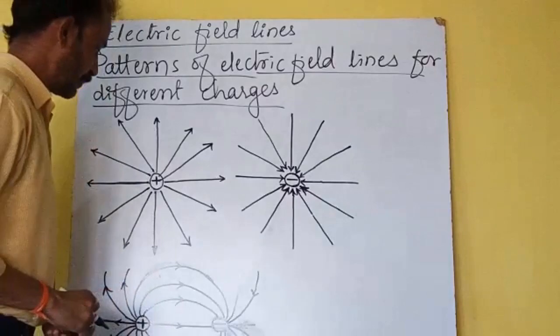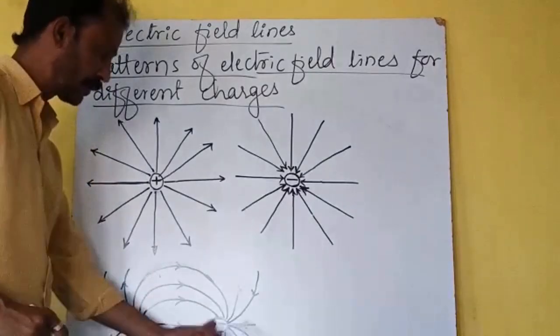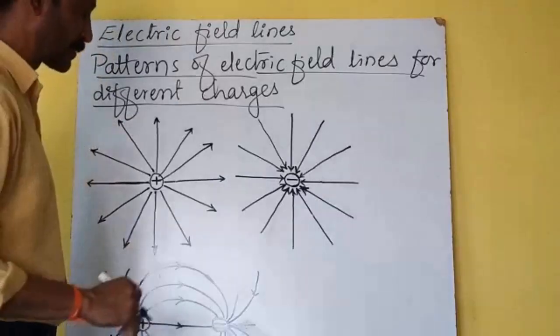This is the pattern for the electric field lines in case of a system of unlike charges.